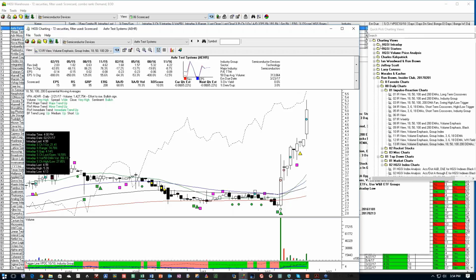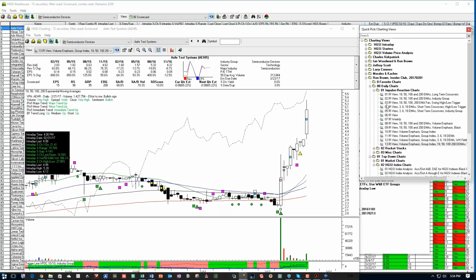But this is where the views that are in my warehouse views can help locate these stocks, because I have a view which looks for stocks with a VPA flag or signal today. And on that day, on the very bottom with this kind of movement, well, not the very bottom, but after this day, it was generating VPA flags.